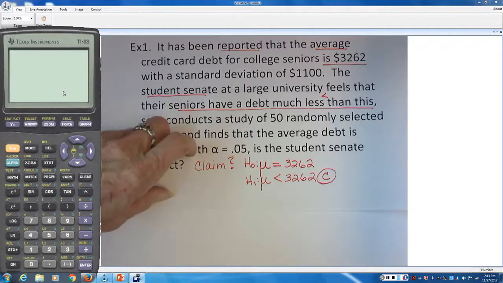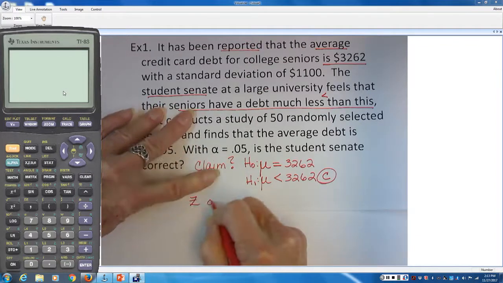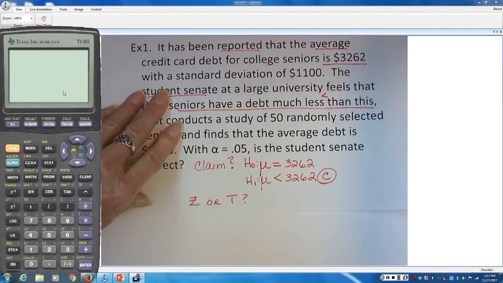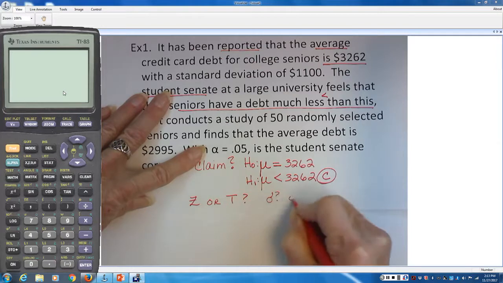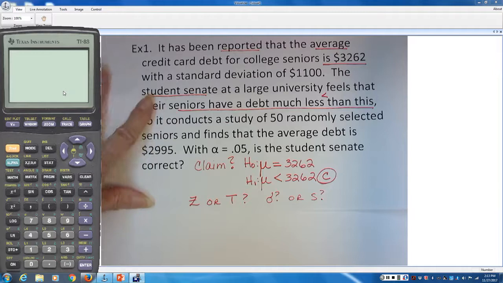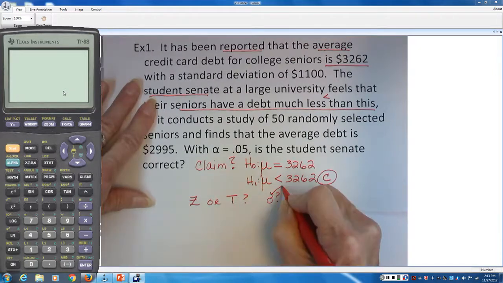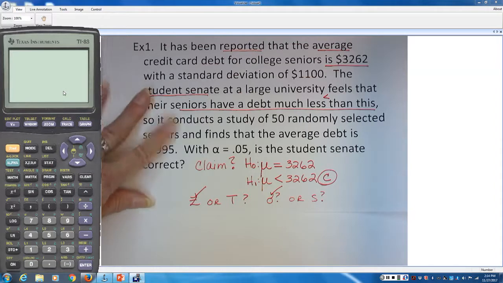Now the next question you have to consider: Z or T? Which do you have, sigma or S? You have sigma. Then it's a Z-test. Okay?